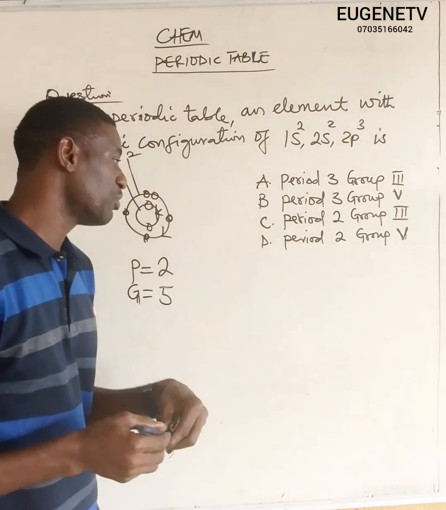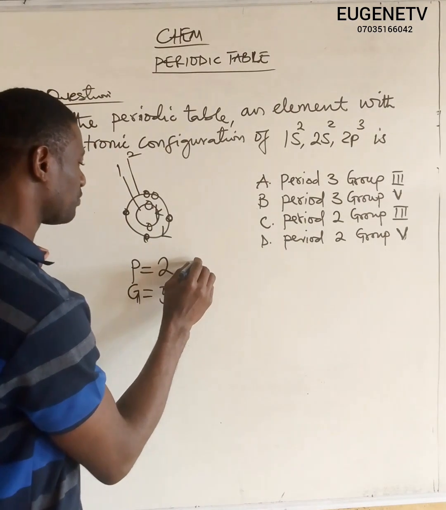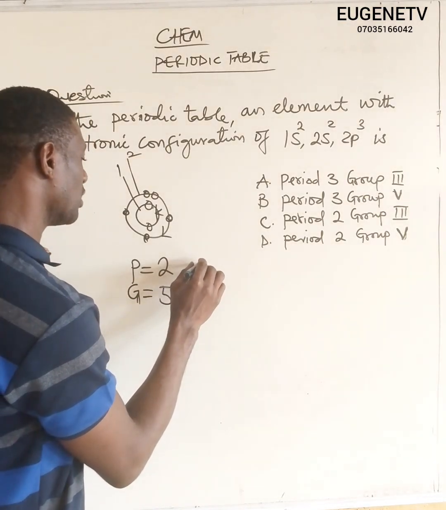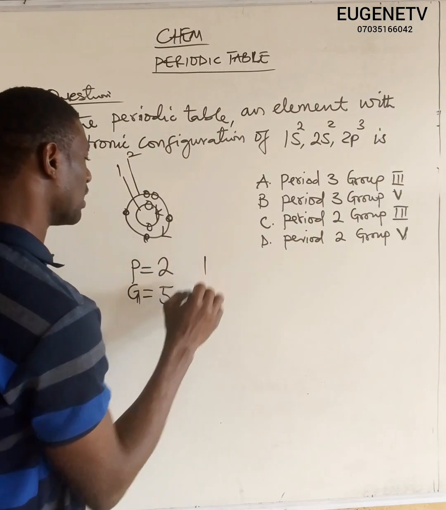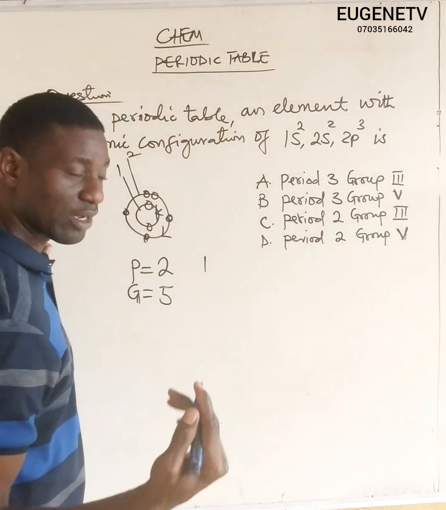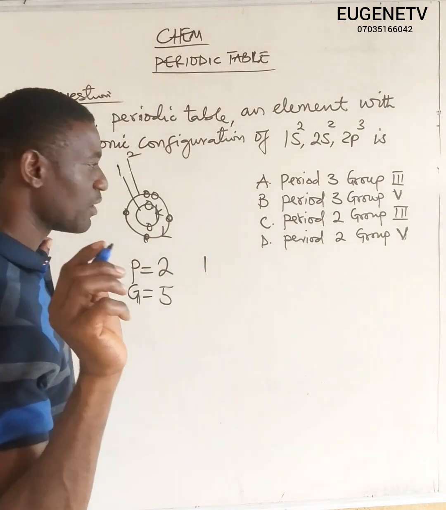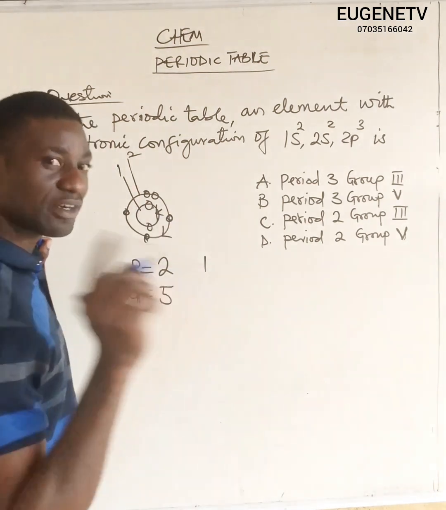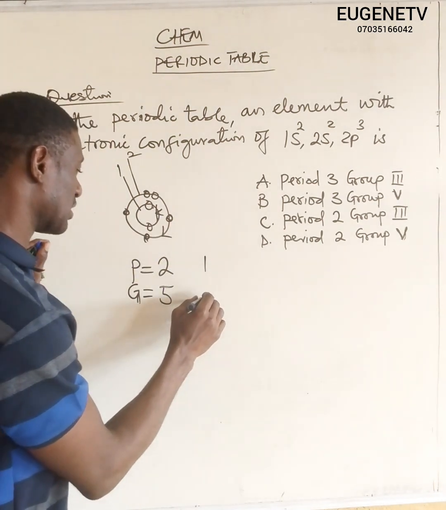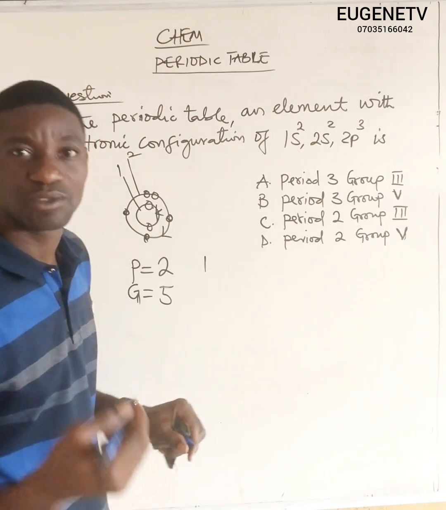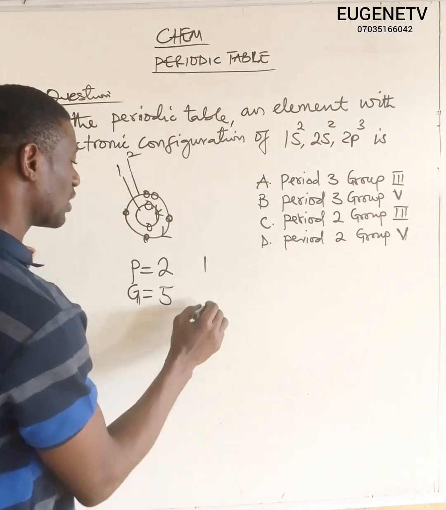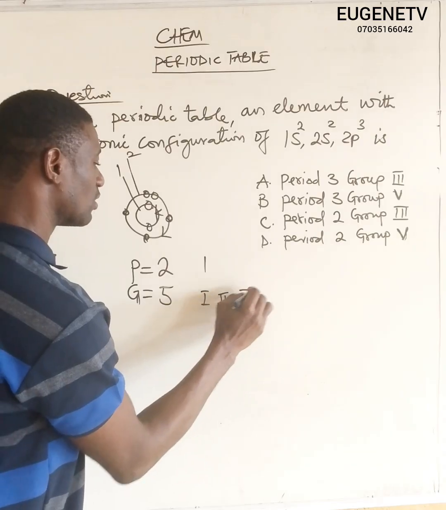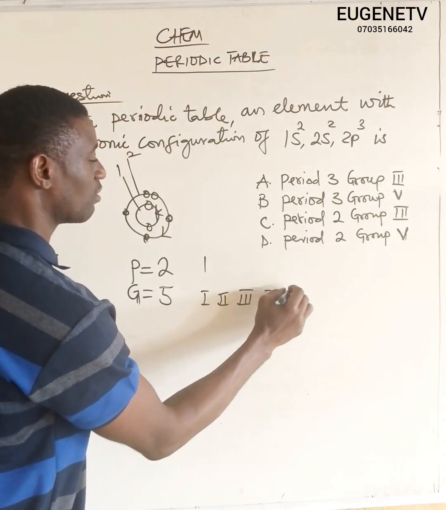Remember, usually in the periodic table, the periods are depicted in Arabic numerals, but the groups are written in Roman numerals: I, II, III, IV, and so on.